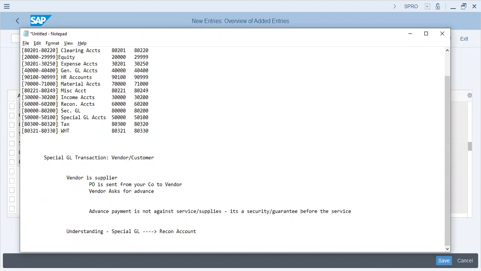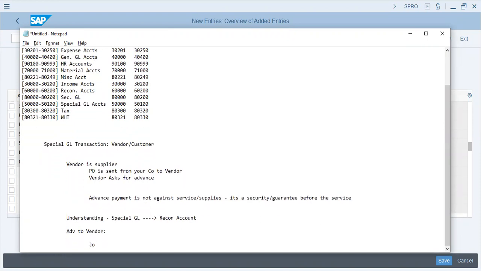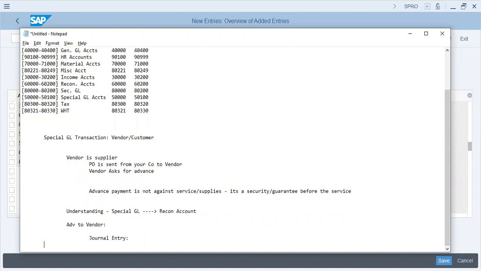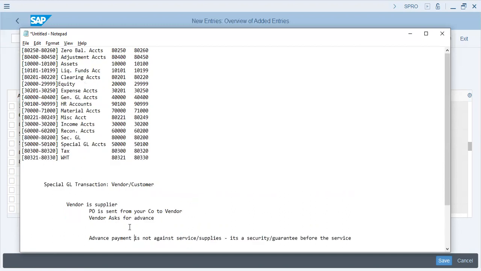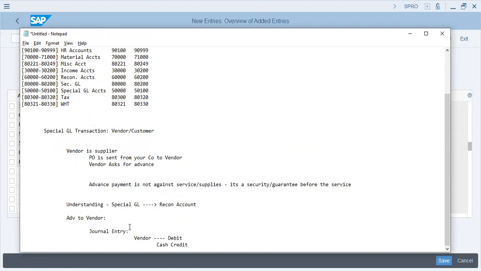So vendor asks for advance to vendor. Journal entry will be what? Vendor debit. This is just general entry. And cash credit, right? But this is not the correct entry.